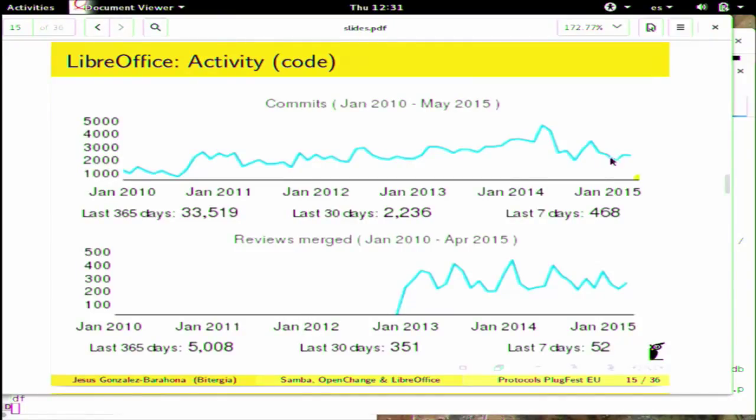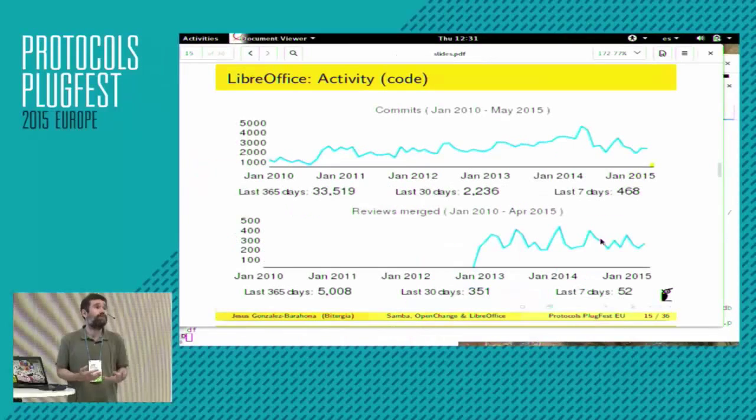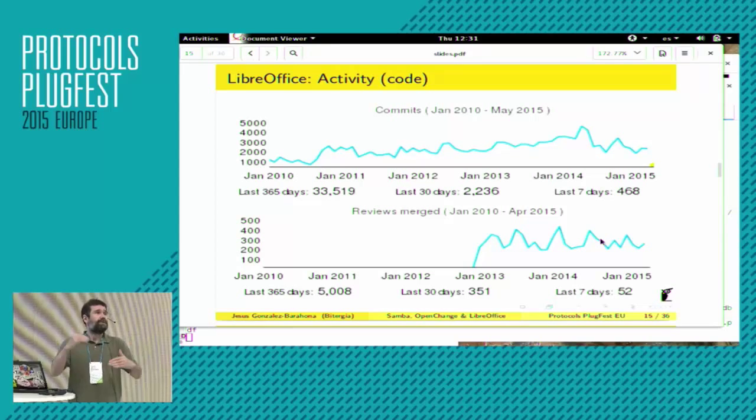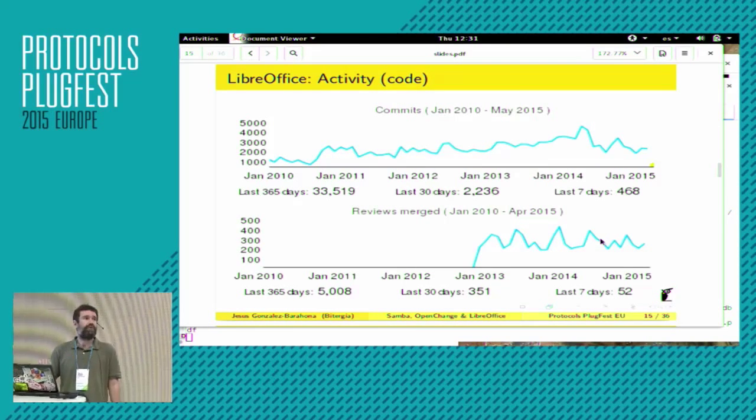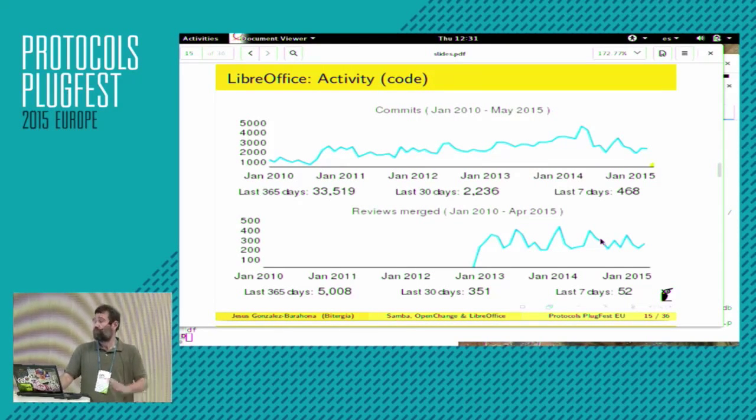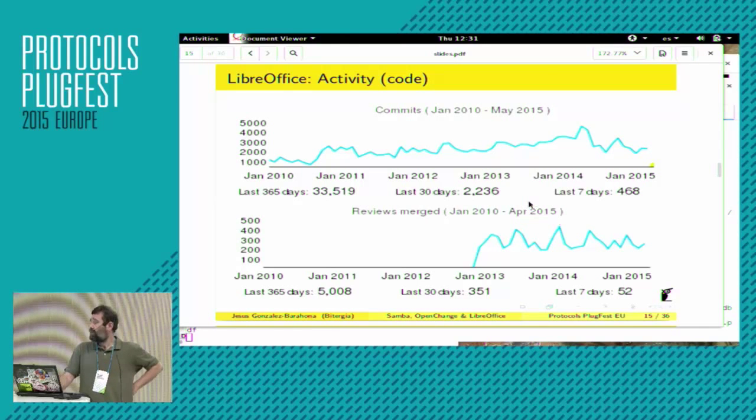But again, you can see that the number of code reviews per month seems to be pretty stable. So the project is not going down, it's not going up either in terms of activity, but it's staying stable, which is very interesting for a project with such a long story.